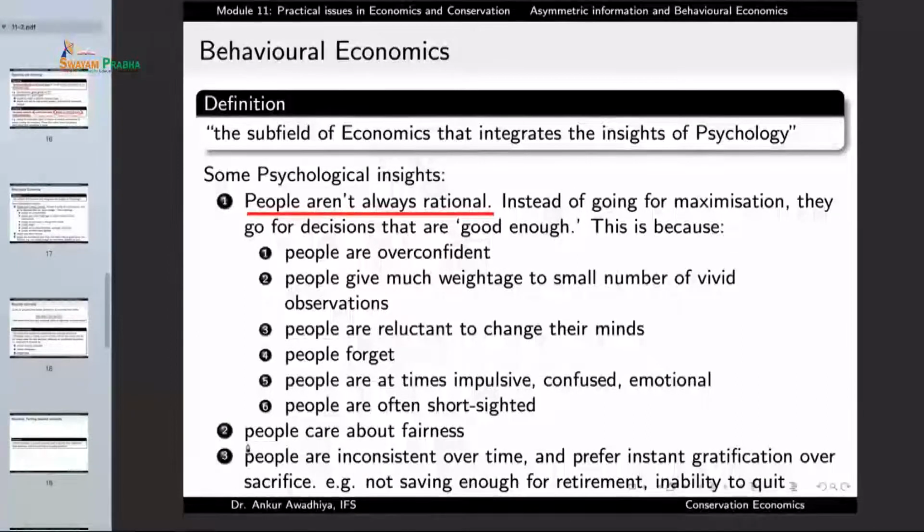Another insight is that people care about fairness. Now, in a number of situations, we had observed that we can compute what is the wage that should be given to a person. We can look at the supply of workers, we can look at the demand for workers, and compute what is the equilibrium wage that should be provided to a worker.